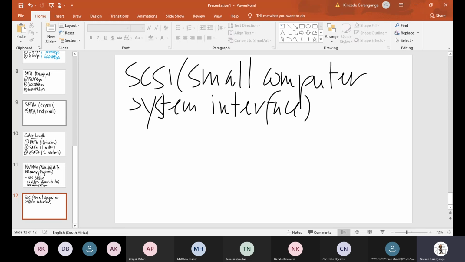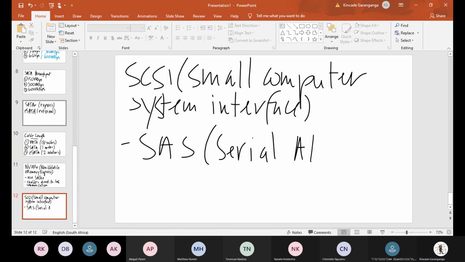And you find that your serial advanced or serial attached SCSI. So you can also discuss what they call SAS, which is serial attached SCSI.